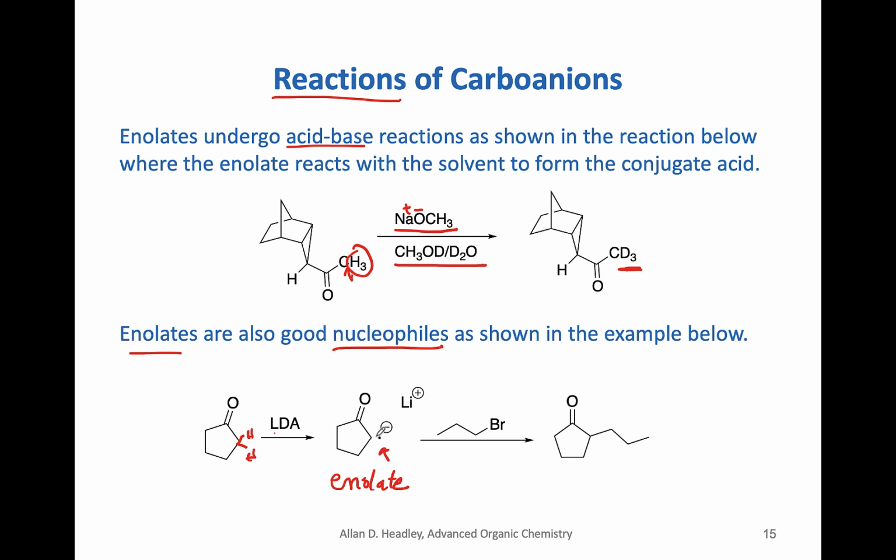This carbanion has an unshared pair of electrons. It's nucleophilic, and in the presence of an electrophile like here, these electrons can come right in here and of course do a substitution reaction to get that as a product, and of course the other product is lithium bromide, a salt. So this becomes the organic product. So enolates or carbanions are also good nucleophiles in addition to being strong bases.